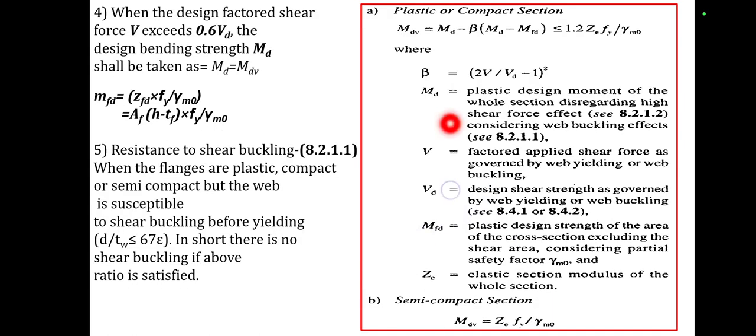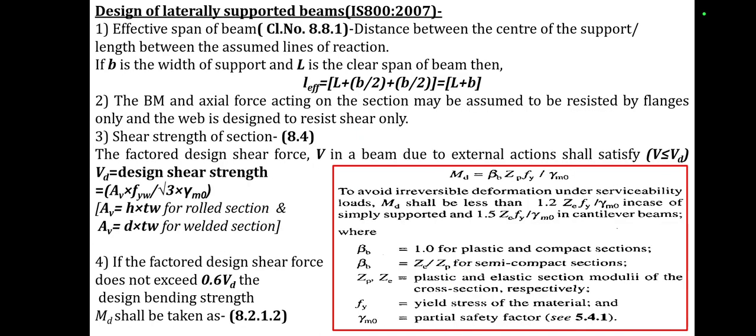V is the factored applied shear force as governed by the web yielding or the web buckling. Vd is nothing but the design shear strength as governed by the web yielding or web buckling, calculated by clause number 8.4.1 here.